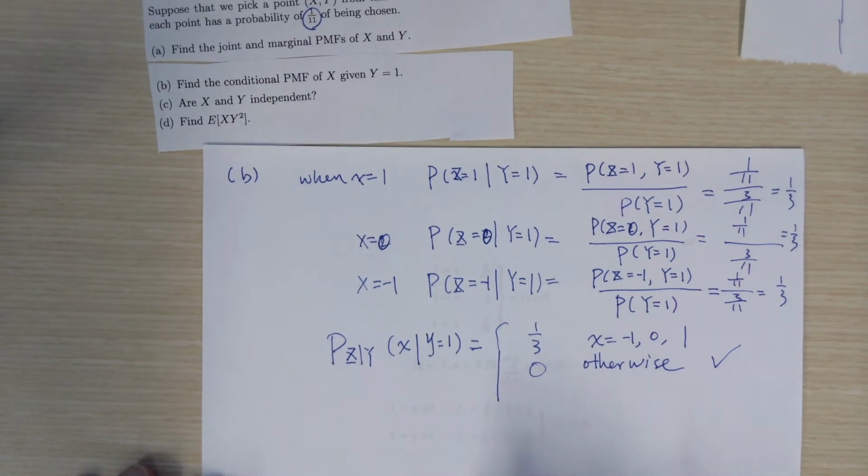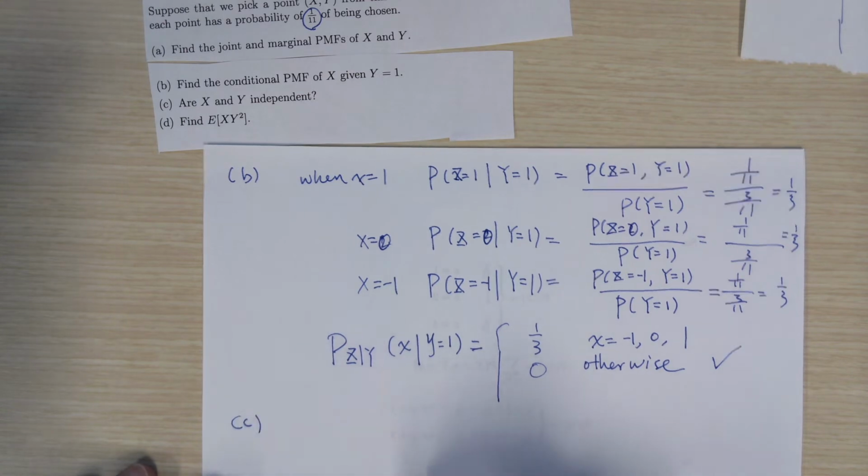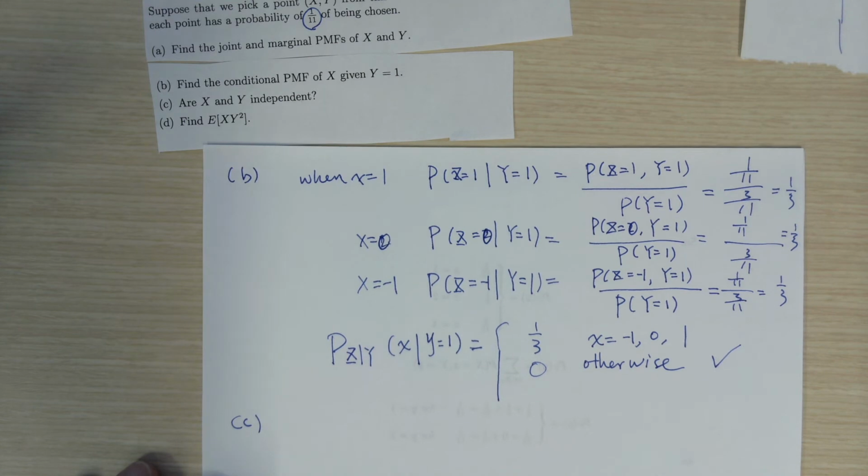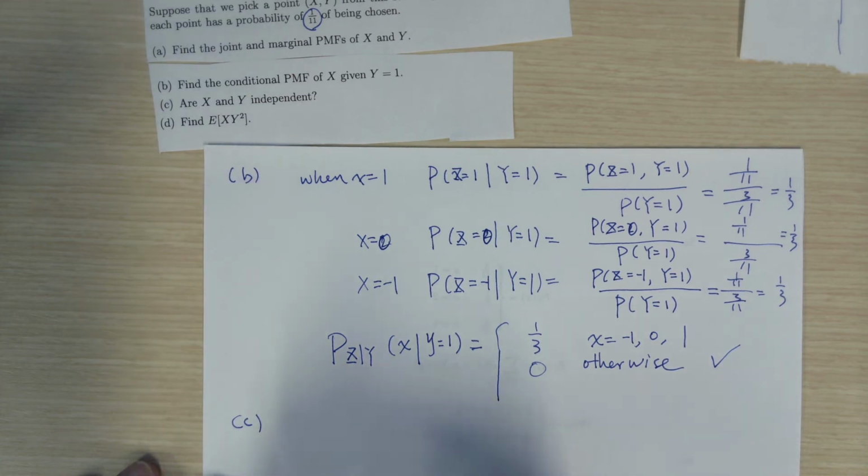Part C asks us whether these are independent or not. Clearly, you can see that those are not independent.